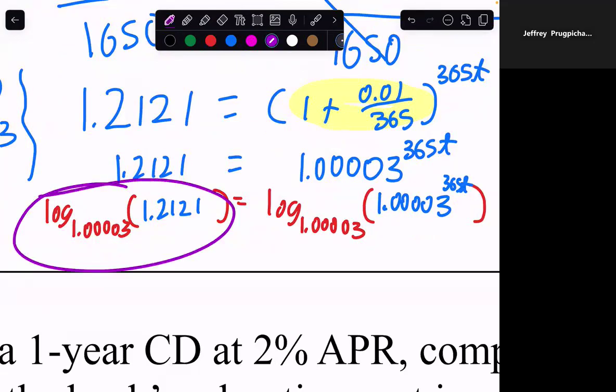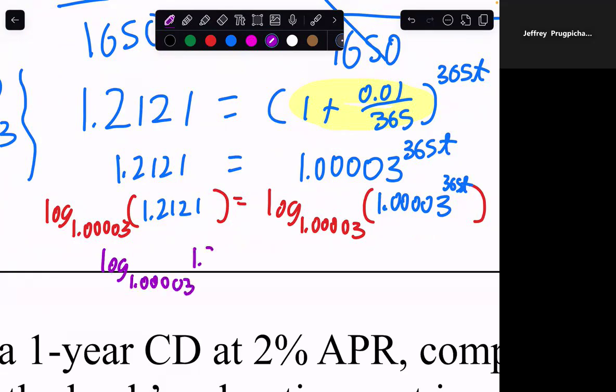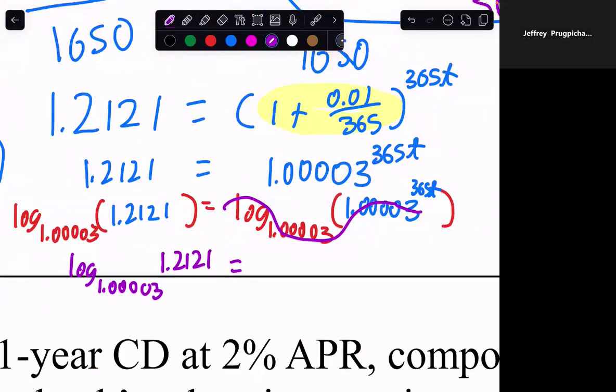The left side doesn't simplify, so you keep it as is. But on the right side, the whole point was to cancel out that number, leaving just the 365t behind. Now to get t by itself, you divide both sides by 365.